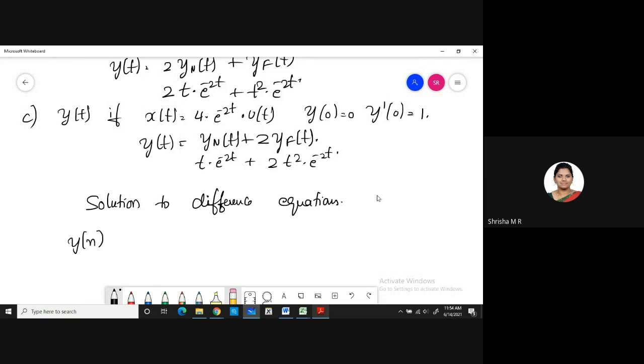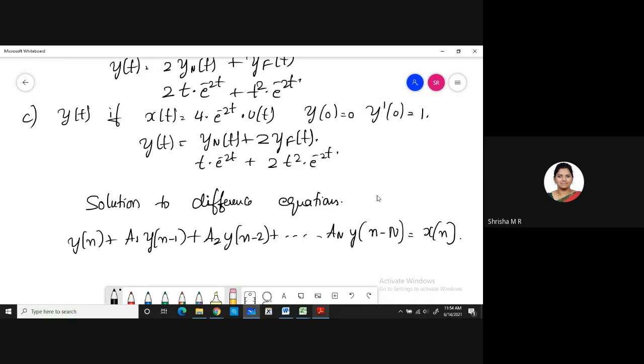So y of n plus a1 into y of n minus 1 plus a2 into y of n minus 2, and so on up to aN into y of n minus capital N, which is equal to single input x of n. So this difference equation is for discrete time signals.